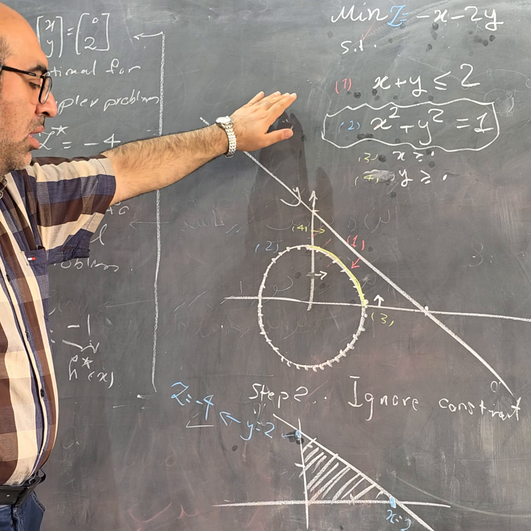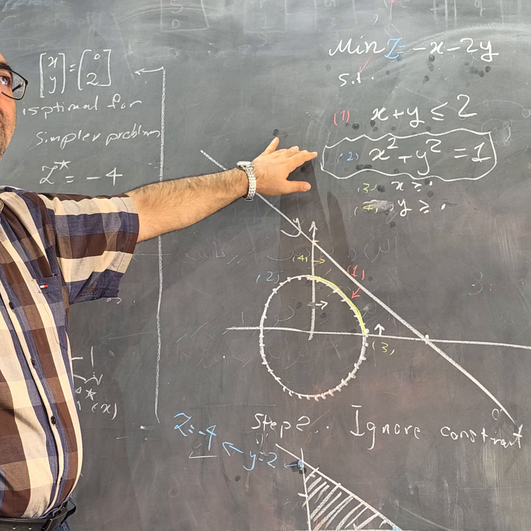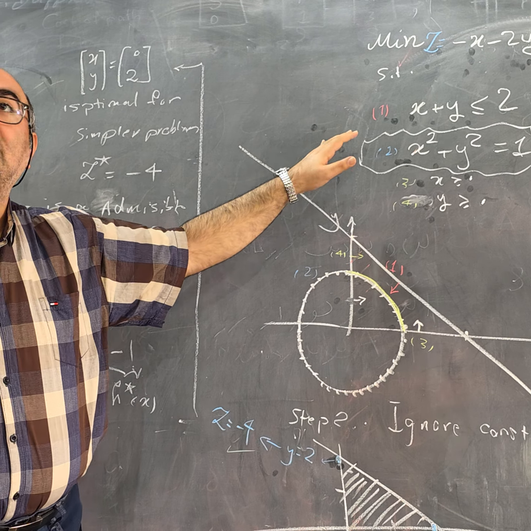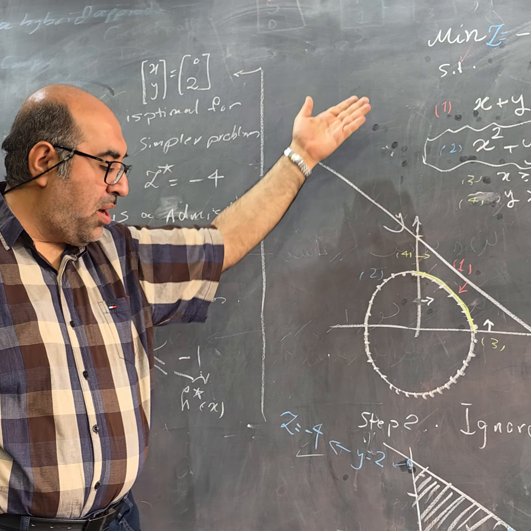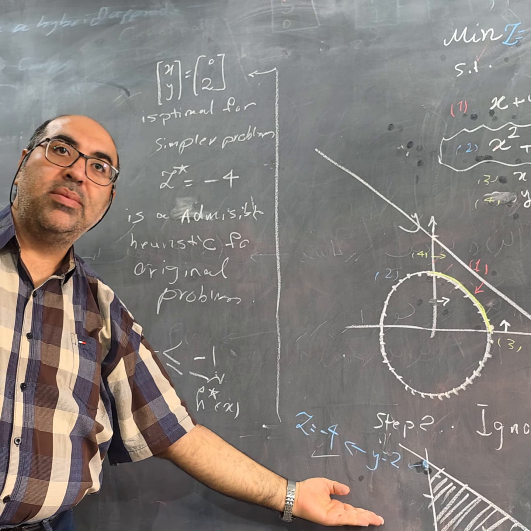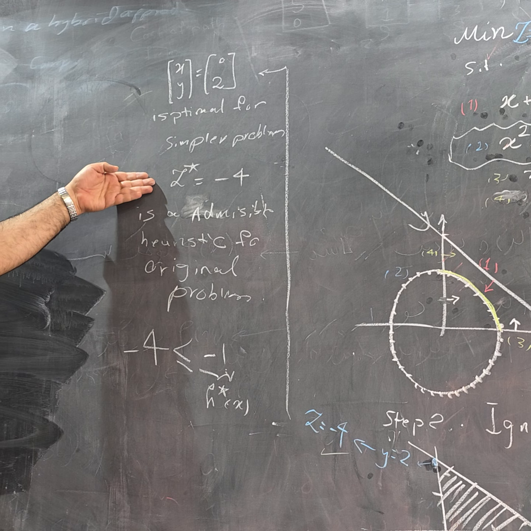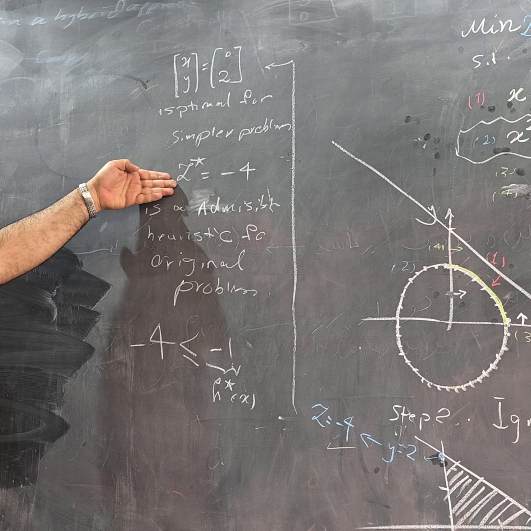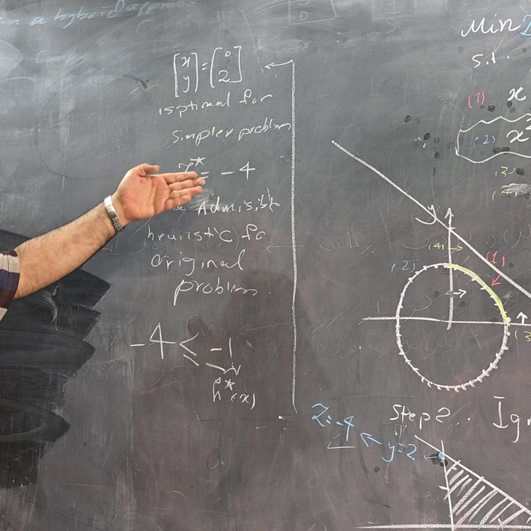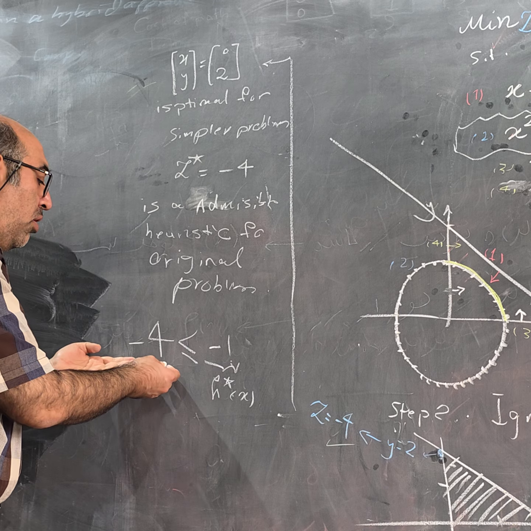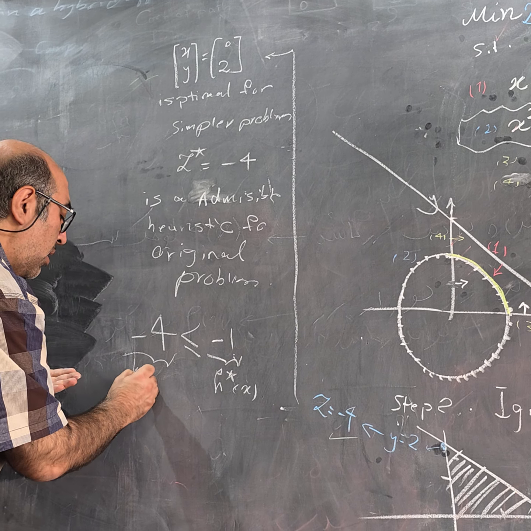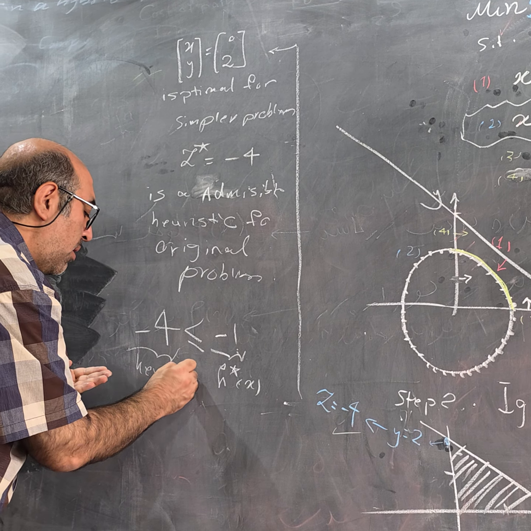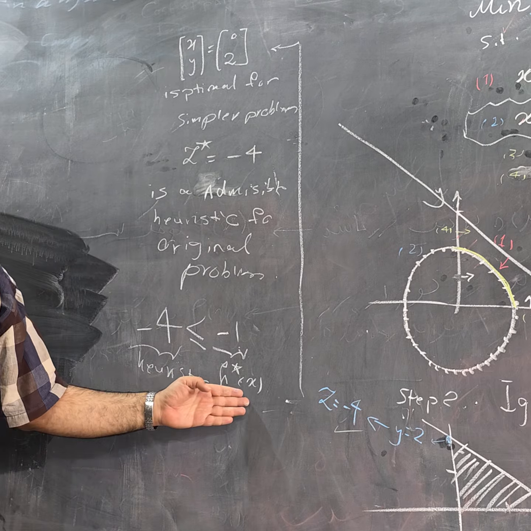I ignore this nonlinear constraint, transform the original problem to a linear problem, solve it, and find the optimal solution and the optimal value. With respect to the optimal value, I find a heuristic for h star x.